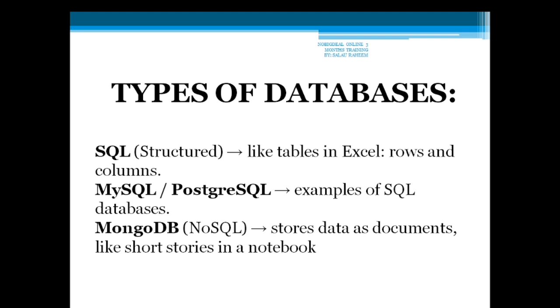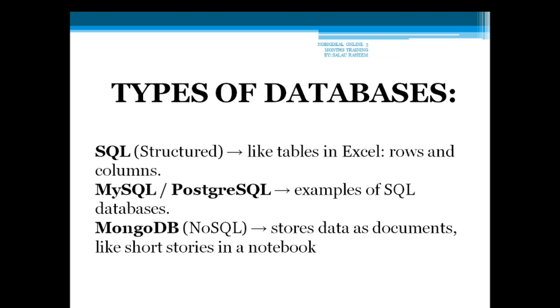Examples of a SQL database include, as I have mentioned before, MySQL and PostgreSQL. They are great when you need anything to stay organized and follow a clear structure. On the other hand, MongoDB is an example of a NoSQL database, which stores data in a more flexible way as documents.